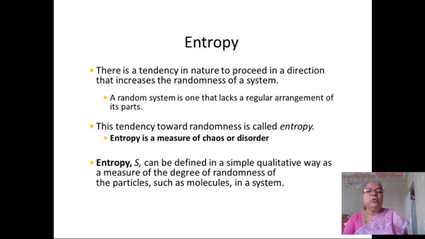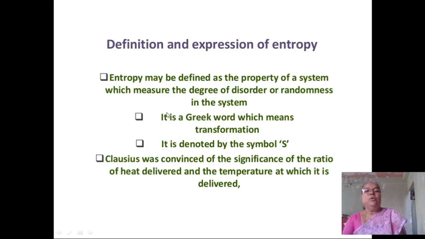It is denoted by the letter S and can be defined in a simple qualitative way as a measure of the degree of randomness of the particles, such as molecules, in the system. Entropy may be defined as a property of a system which measures the degree of disorder or randomness in the system.